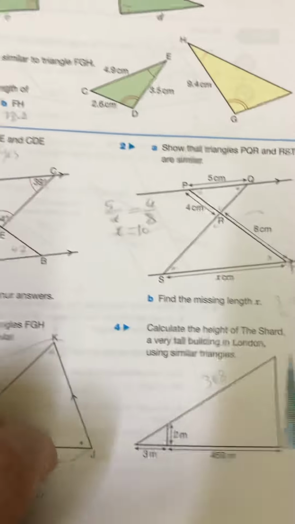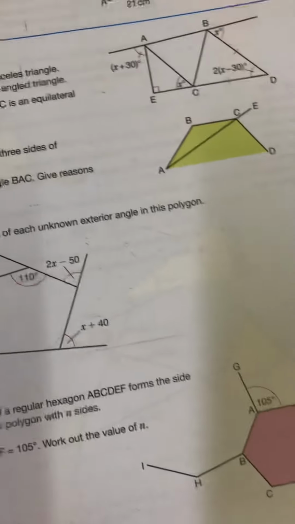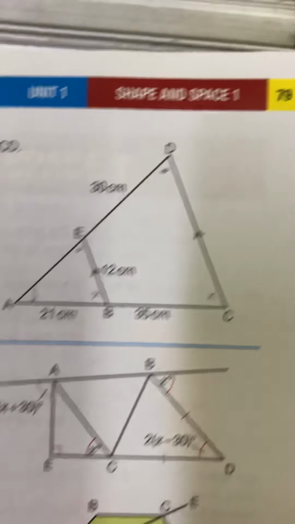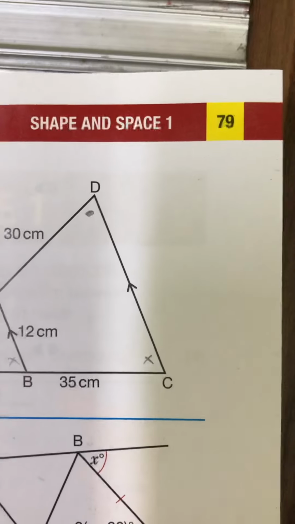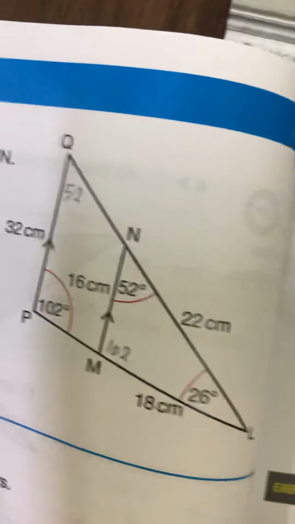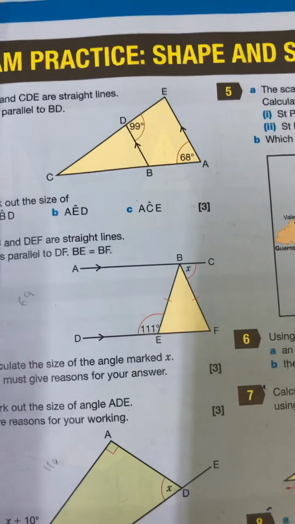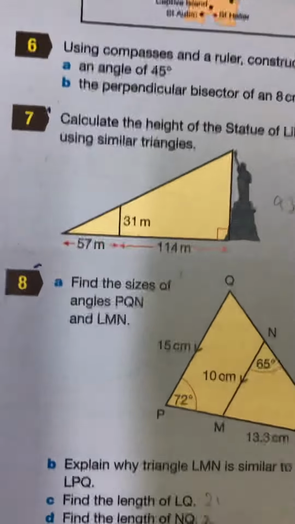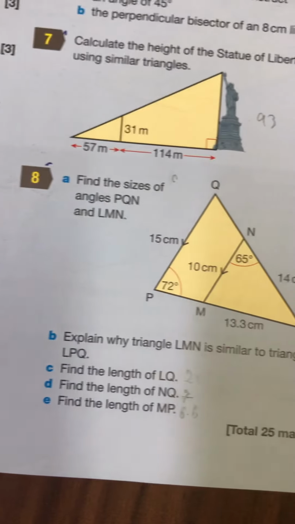These are the two kinds of problems we can be asked about. As you see, the idea is repeated in this problem on page 79, also in this problem on page 78. Also in the practice exam, the idea is repeated in question 1, question 7, and question 8.